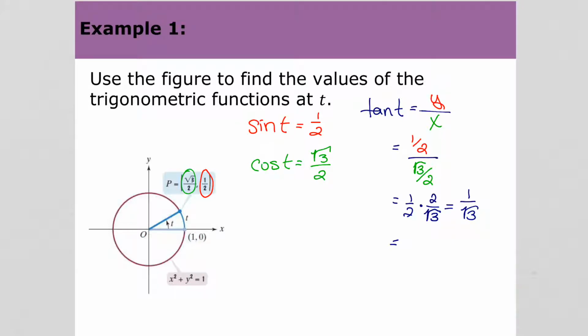But we can't. So what we have to do to get rid of the square root, if you'll remember from algebra, is multiply the top and the bottom by the square root of 3. Square root of 3 over square root of 3 is just 1, so that's legal. 1 times square root of 3 is square root of 3, and square root of 3 times square root of 3 is square root of 9, which is 3. So the tangent of t at this point is square root of 3 over 3.